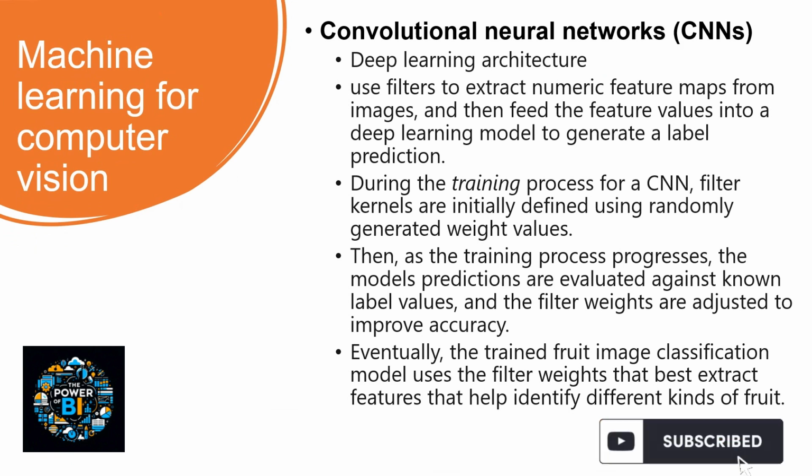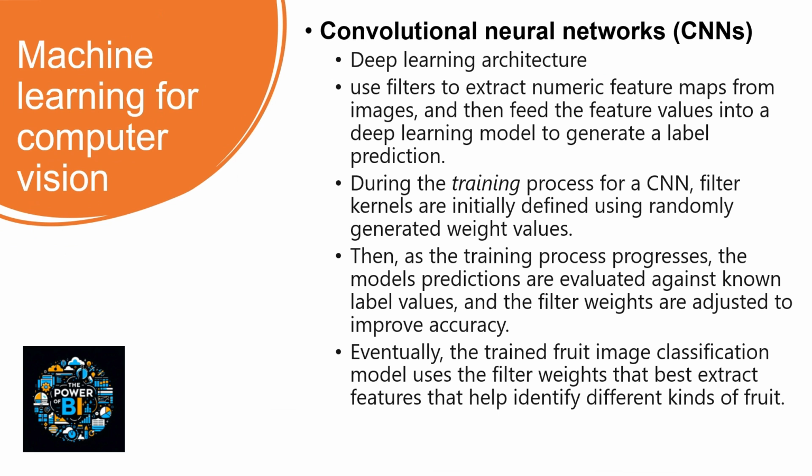It starts with randomly generated filter values, and as the training process progresses, the model predictions are evaluated against known label values, and filter weights are adjusted to improve accuracy.